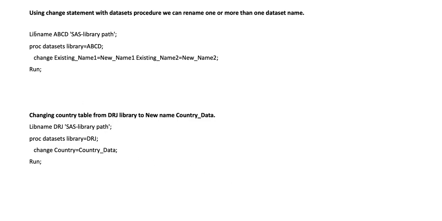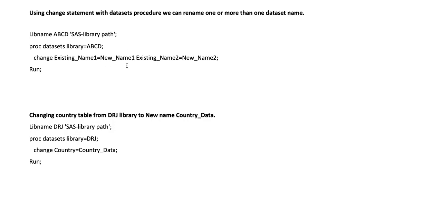A sample code is given here. The first line of the code is libname. Suppose the libname is ABCD. Then we provide the library path here. Then the main code starts from here. Proc datasets library equals to ABCD, that means the libname. Change existing name, meaning the old dataset name, equals to new name 1, that means the new name.